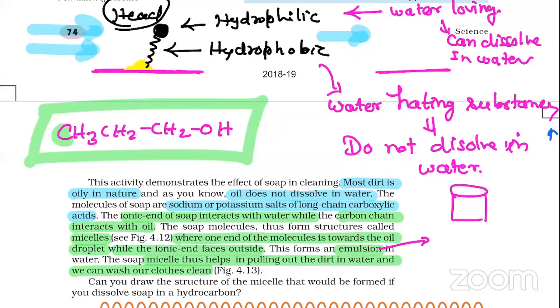Among ionic and covalent compounds, which one has a low melting and boiling point?